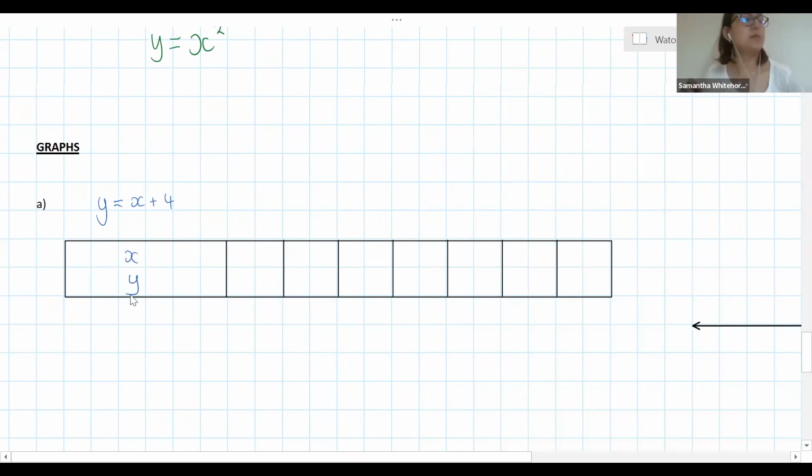Right. So I'm just going to pick some input values. I can always pick input values because they are the independent variable. It's y that depends on x. So let's go: -3, -2, -1, 0, 1, 2, 3.